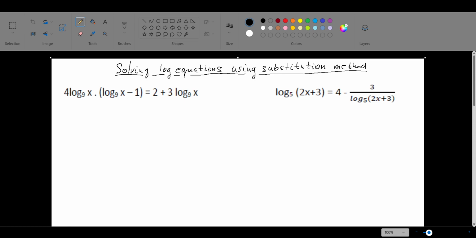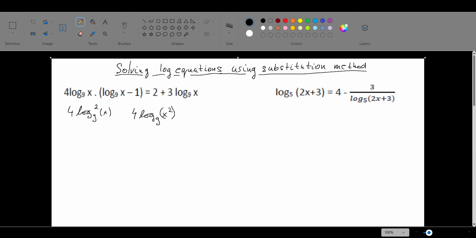and then you will get something like this: 4 times log base 9 squared of x. Please be careful, because the multiplication of these two terms, the first one in front of the parentheses and the first term in the parentheses, its product is not 4 times log base 9 of x squared, because this is really something different.